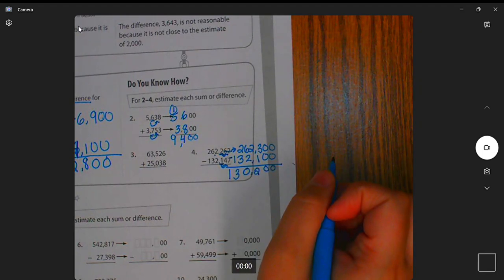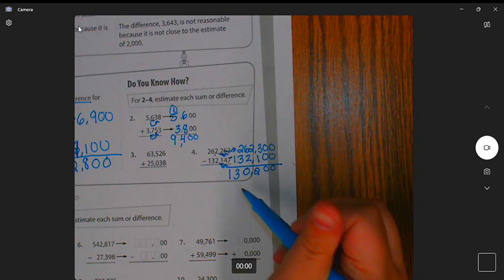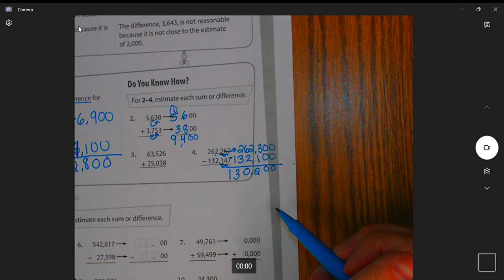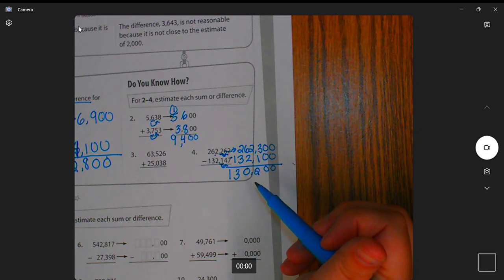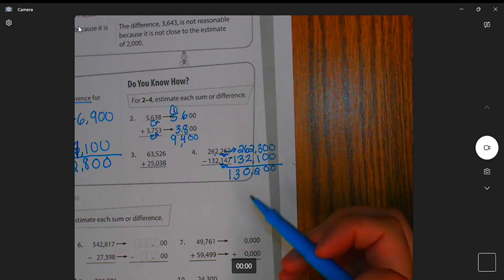So it is reasonable to say that 130,200 is a fair estimate of 262,262 minus 132,147. It is about 130,200. And that is how you say it.